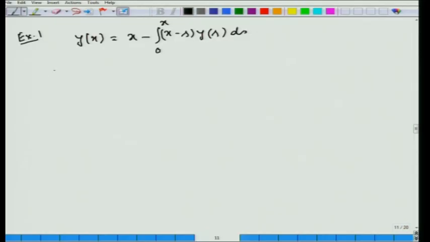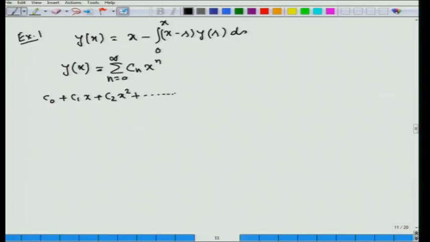So, here substituting this series y(x) equal to the sum over n from 0 to infinity of Cn x to the power n, we find on the left hand side C0 plus C1 x plus C2 x squared plus so on.